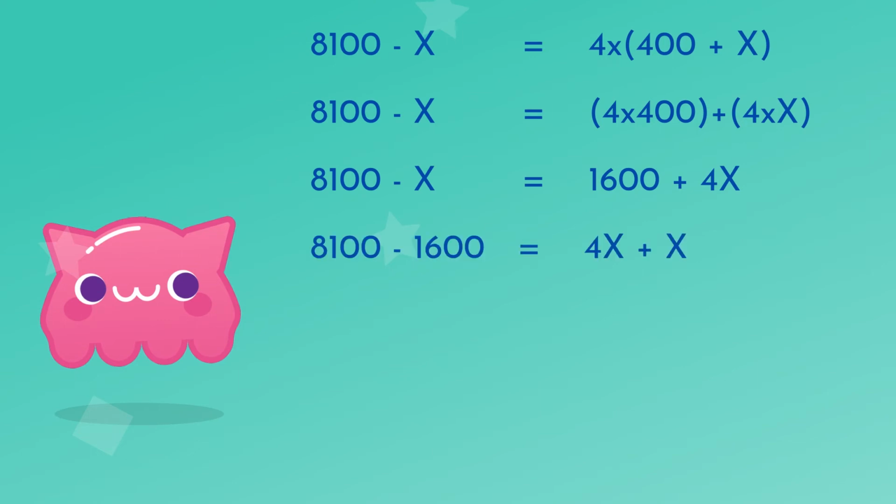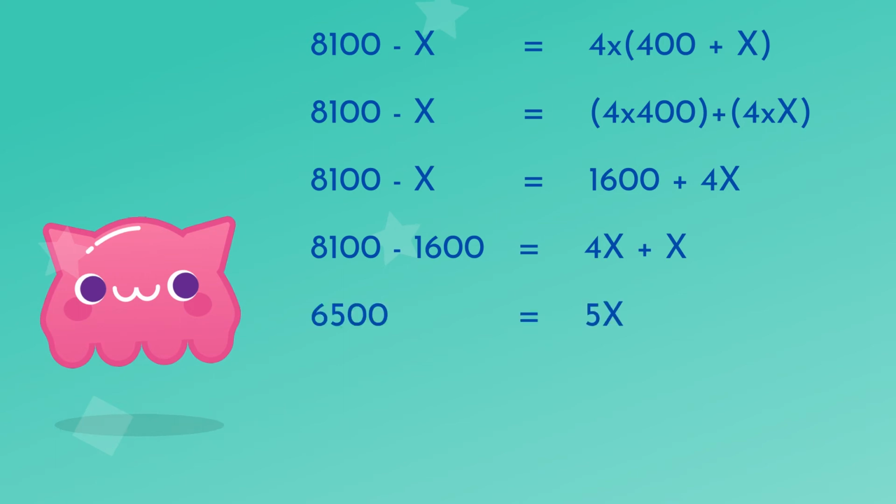When the minus X in the left-hand side goes to the right-hand side, it will become plus X. Similarly, when the 1,600 in the right-hand side goes to the left-hand side, it becomes minus 1,600.